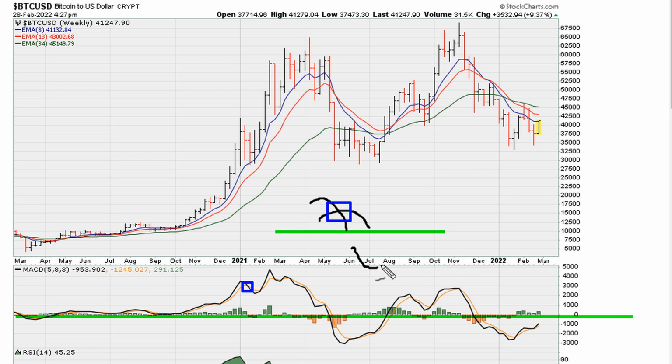Likewise, below zero, a bullish crossover, like a period here, is not as powerful when it is below zero. An example of this is if you take this period here, which is a crossover, take a look at prices. They were sideways and eventually recovered higher.